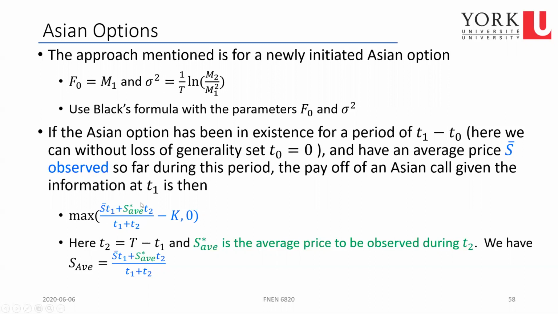So the first term here is really the average for the entire term, meaning the average for the 3 months that the option is to be in existence, which is the weighted average of something that you already know, which is the average of what you have observed so far, plus, for the 2 months of stock price that you don't know, there should exist some average price for those 2 months.